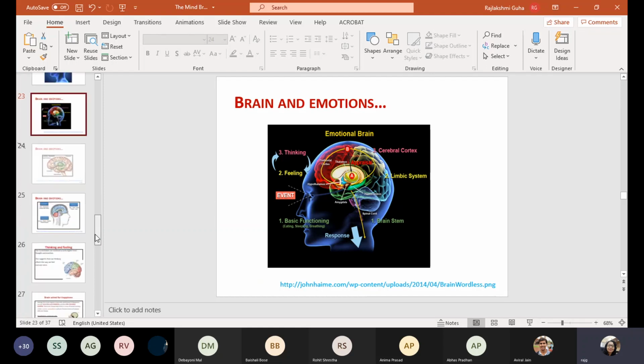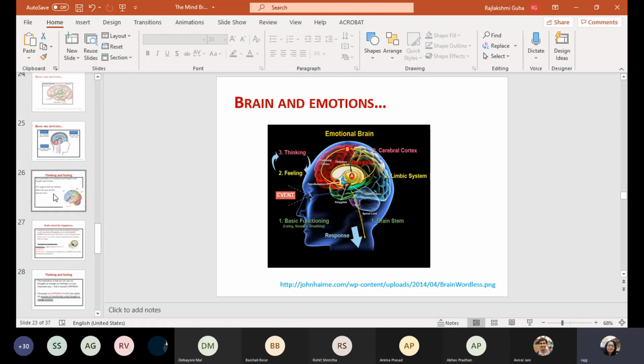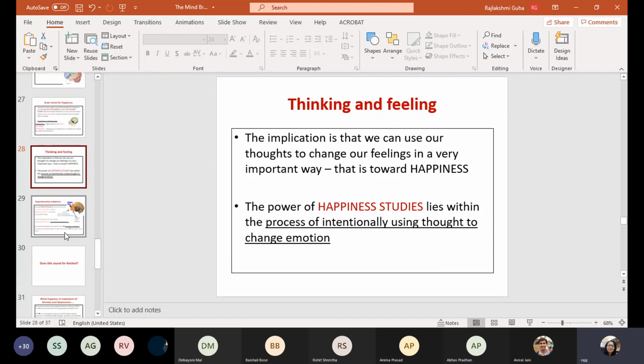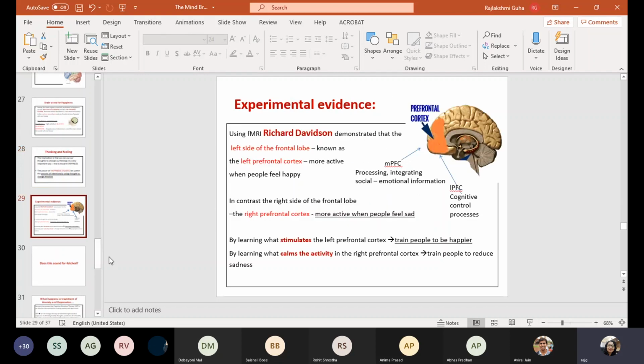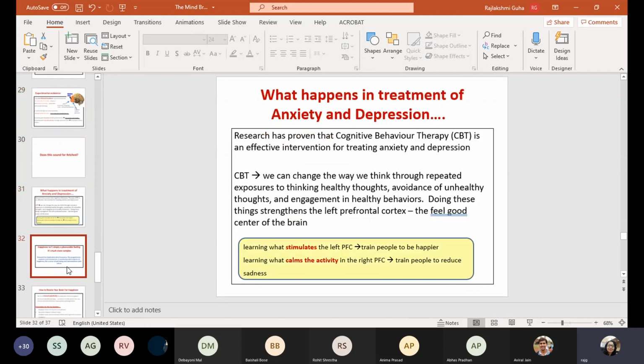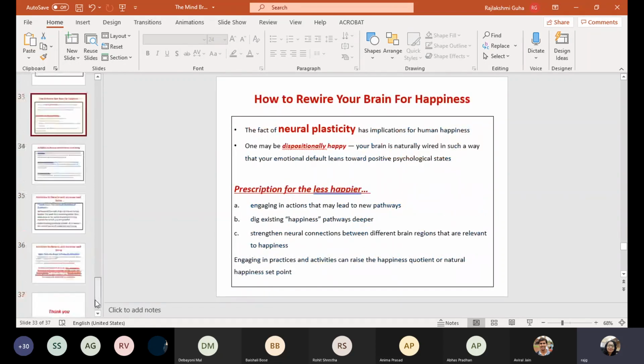And from there, we went to how thoughts, feelings and behavior are connected, and how we can rewire our brain. What is the research that we have in this area, and how we can rewire our brain to feel good. So this is as of today.